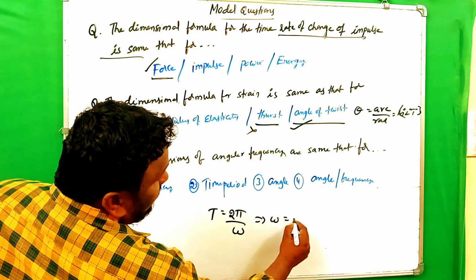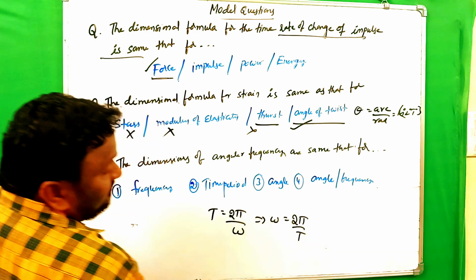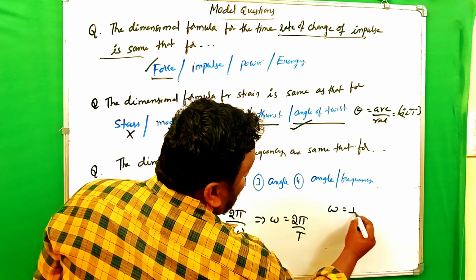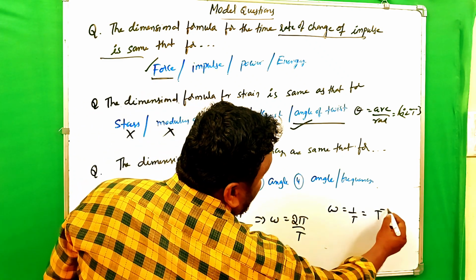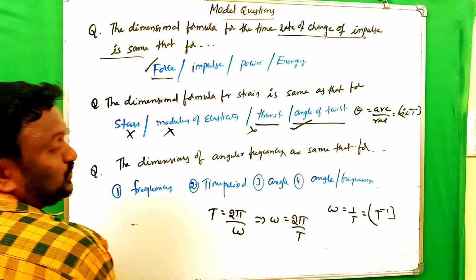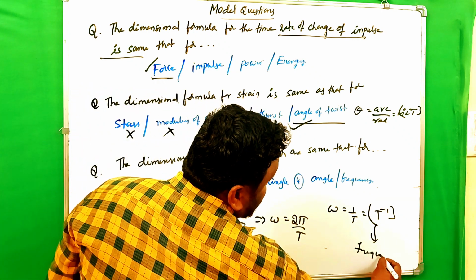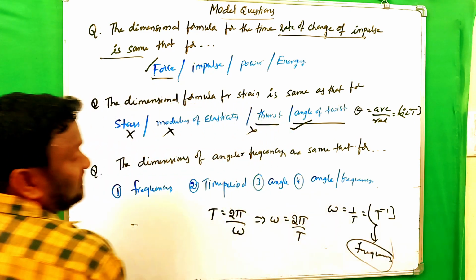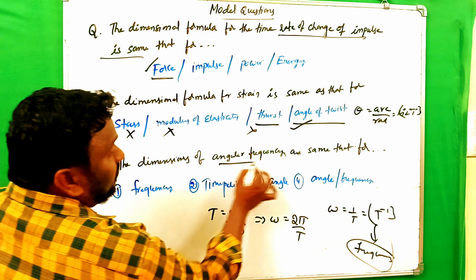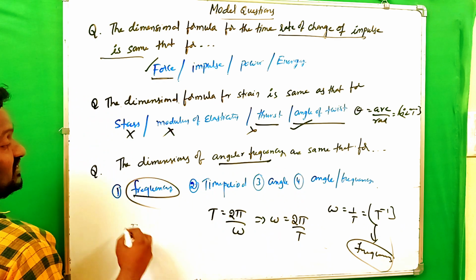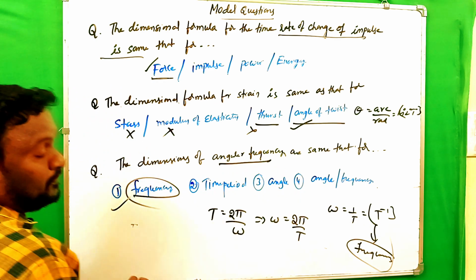Then omega is equal to 2 pi by T, so omega is equal to 1 by T, that is T inverse 1. So T inverse 1 is nothing but the dimension formula of frequency. That's why angular frequency and frequency both have the same dimensional formula. Clear?